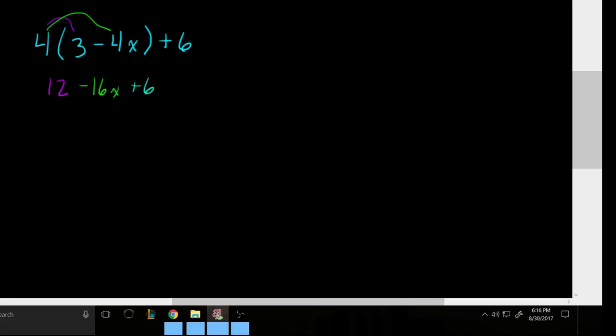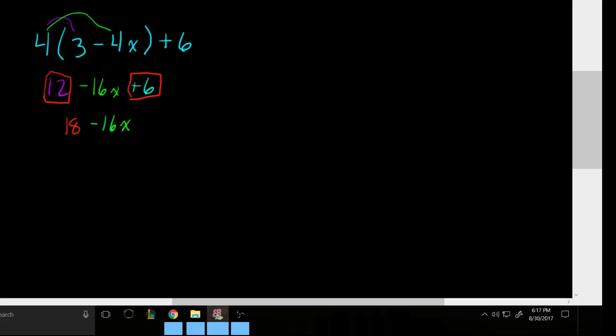Now you'll notice at this point I've got like terms. Right, we have the number 12 here. Remember that that negative is attached to that 16x, not to the 12. And we have a positive 6. So we have two positive numbers, 12 and 6. We can combine those, and you'll get 18. And then we'll bring down what's left in our equation, which is that negative 16x.